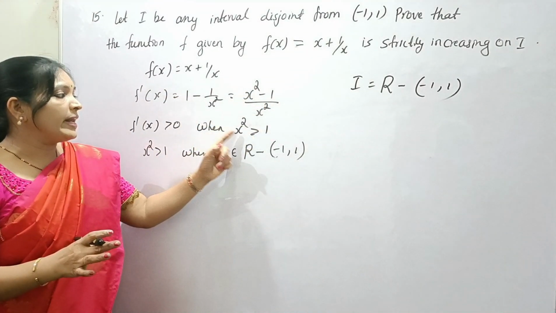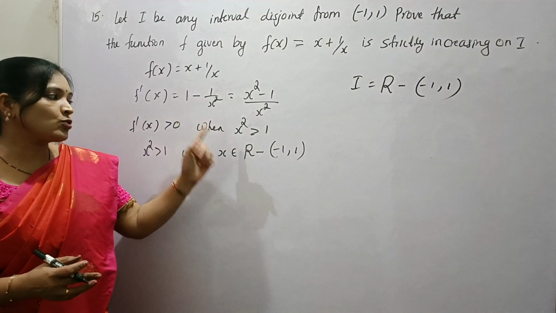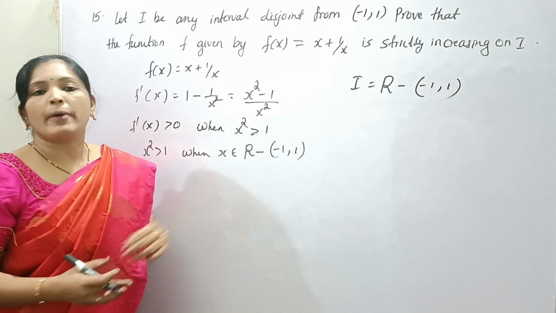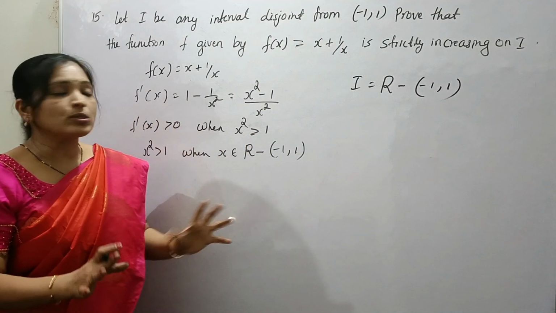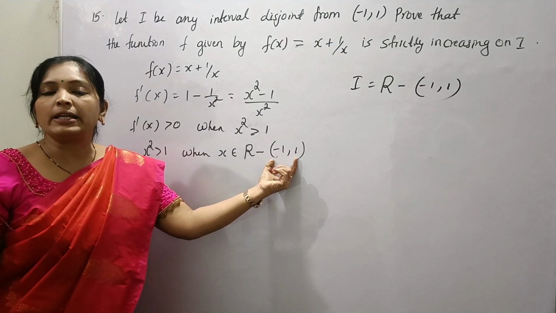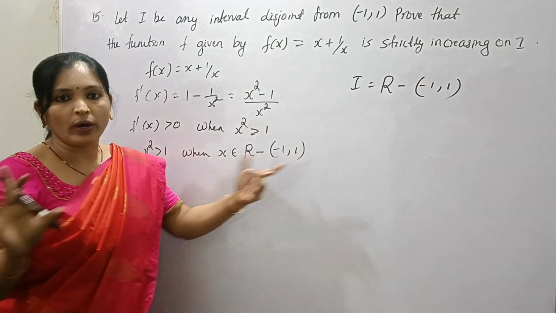So x square is greater than 1 only if x belongs to R minus -1 to 1, all the values except -1 to 1. X belongs to all the real numbers except this -1 to 1.